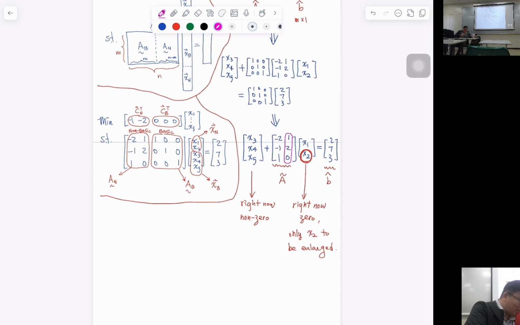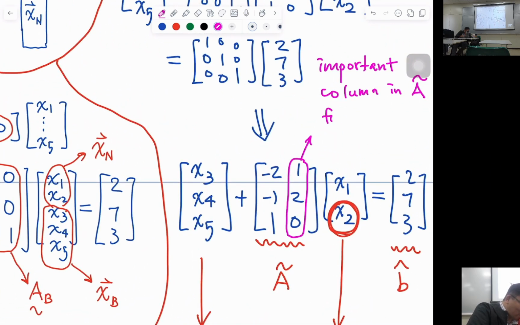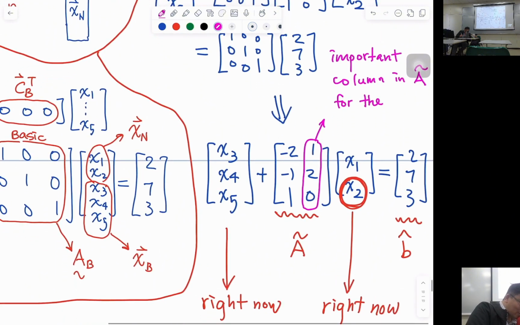Okay, so this one is the important column in A hat for the chosen non-basic variable.